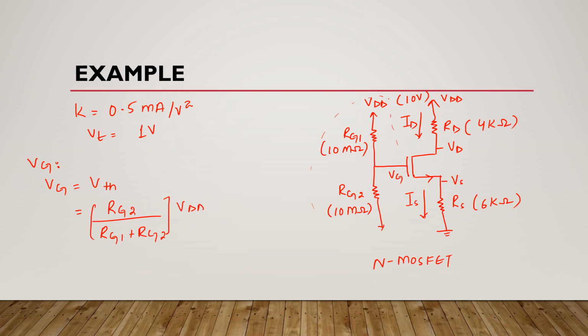Here we know that this Rg2 is 10 mega ohms and it is closer to ground, so that's why we are taking the value of Rg2, and here we have 10 mega ohms plus 10 mega ohms, and here this VDD is 10 volts. Okay, so after solving this you will get 5 volts. So this is the value of gate voltage here.